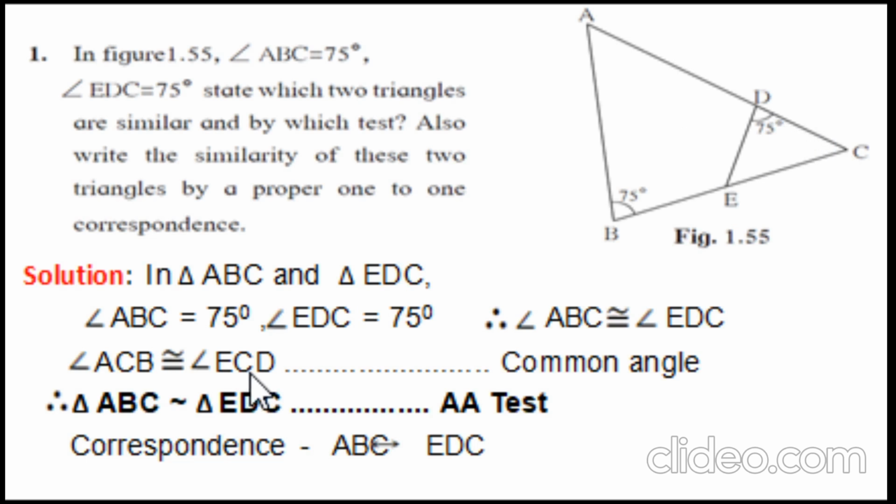Therefore these two triangles are similar by the AA test, and the correspondence is ABC corresponding to EDC.